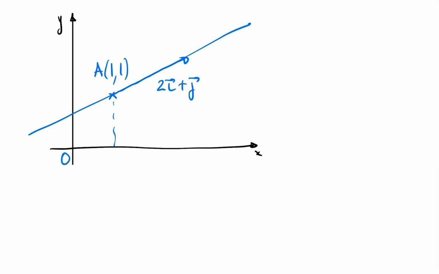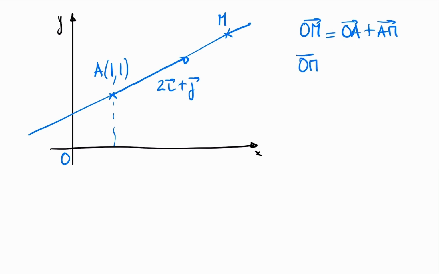It looks pretty right for my drawing. So any point here M on this line, I'm going to go a bit slower. I'm going to say OM, any point that belongs to the line, is equal to OA plus AM.